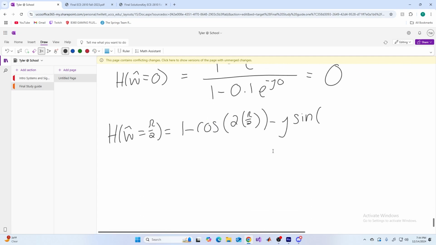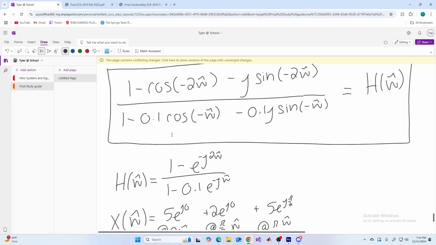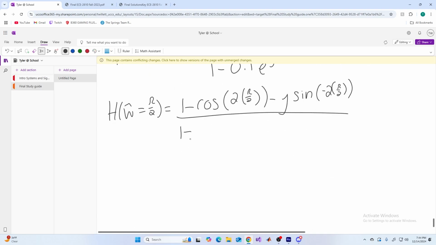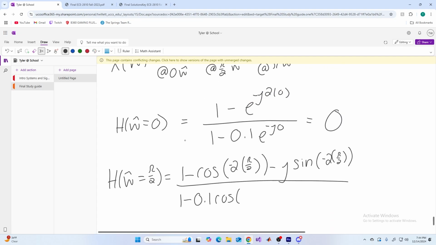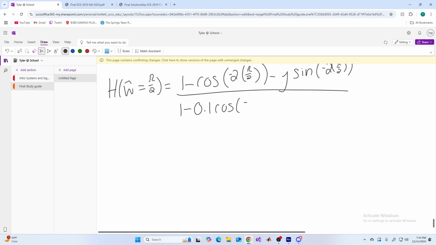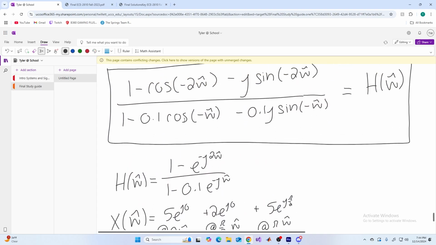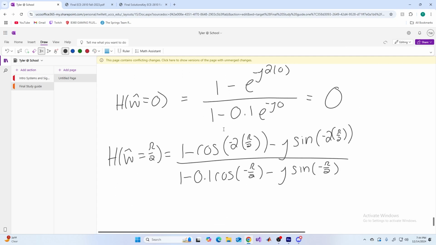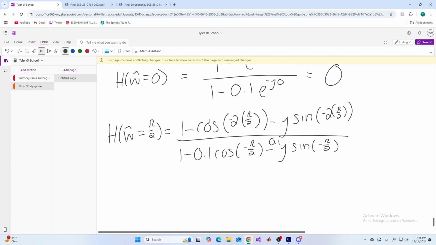It is negative 2 pi over 2, all over 1 minus 0.1 cosine. This is a negative, by the way. It should be negative w hat, so negative pi over 2 minus the j of sine negative pi over 2. Let me double check that. And there's 0.1 in front. Okay, well, let's look at this.